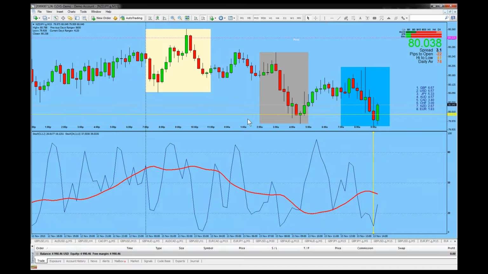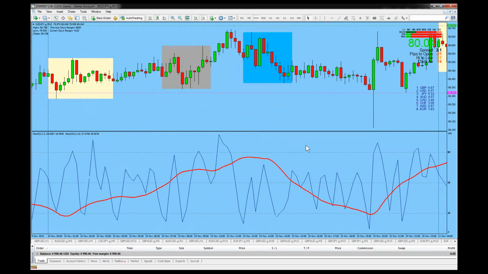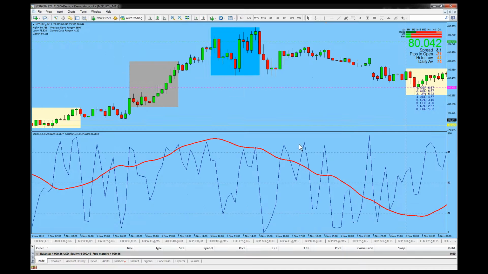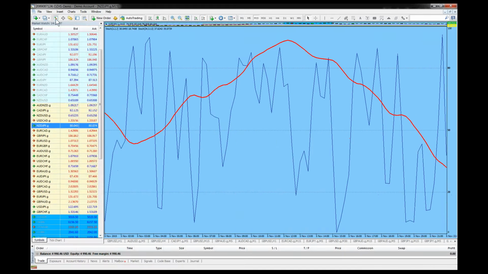Any questions on this? Anyone want to pick a chart or try to do some? Okay, no, I know it, because I know you guys won't. Let's push this up. I'm going to push this out, and I'm going to go with Aussie yen.